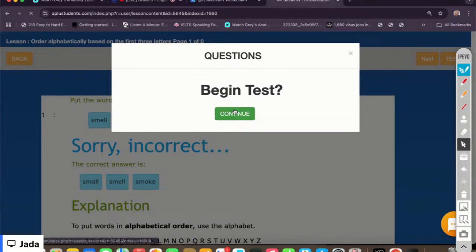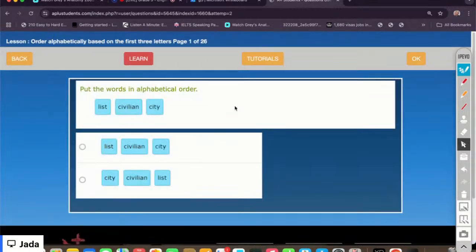So moving on to the test, we have to put the words in alphabetical order. We have least, civilian, and then city.